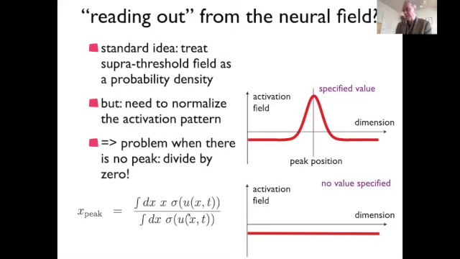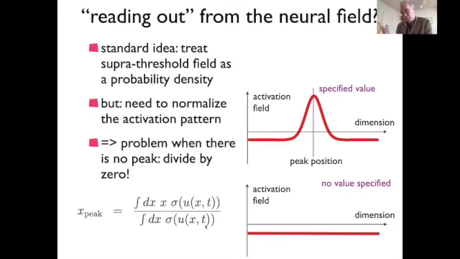If you were to take this approach and wire up the neural network to do that, that's called divisive normalization, by the way, and there are some models like that, then you have to do something special so that you don't divide by 0, right? Probability densities are always normalized, but in the nervous system, you might sometimes just not have an estimate at all, and represent that by the absence of any suprathreshold activation.